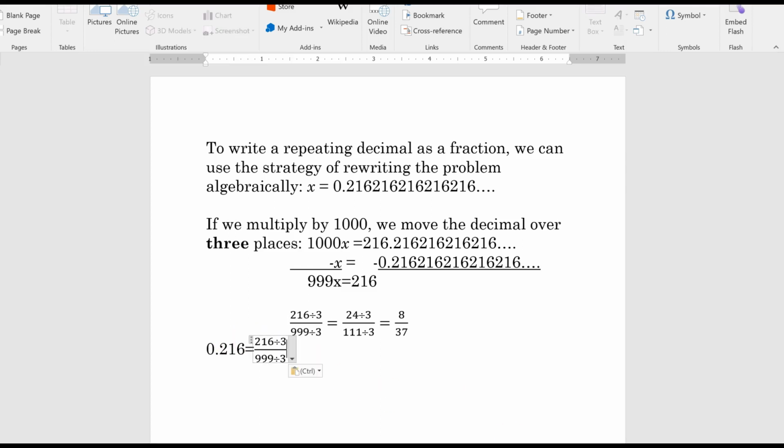You wouldn't do 216 over 999, right? Think about it for a second. You would do 216 over 1,000. There you go. So just remember that if it ends, it's over the same number of zeros as you have places. If it repeats, you want to go through this little algebra to turn it into a fraction.